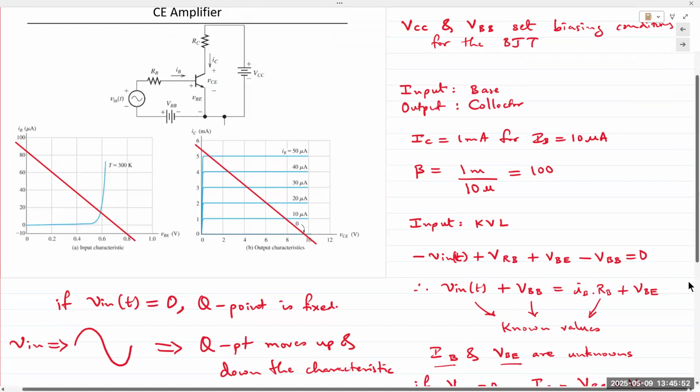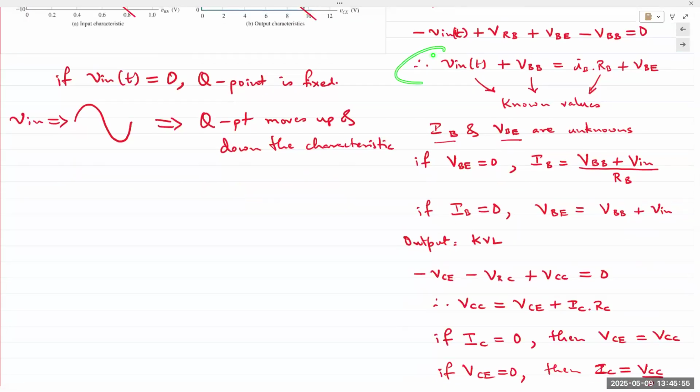We rearrange the terms, and we obtain V in plus VBB equal to IB RB plus VBE. VBB is known, RB is known, V in of T is known. The only unknowns are IB and VBE.